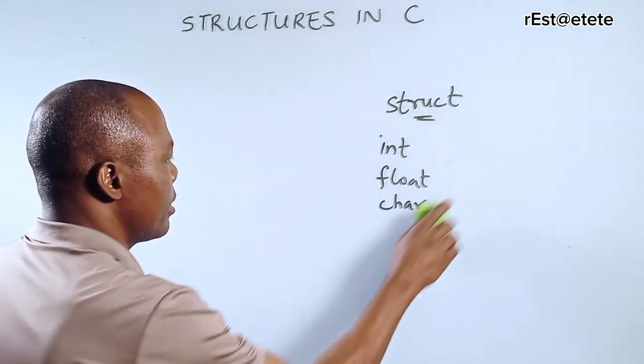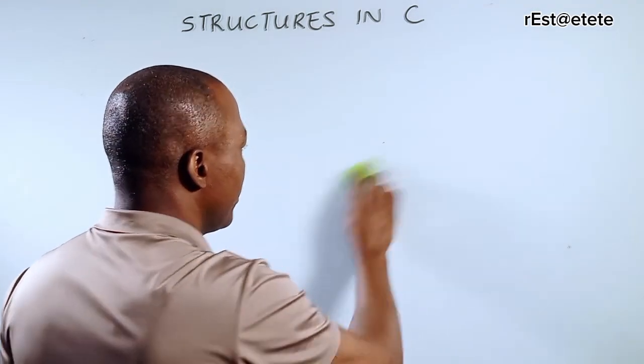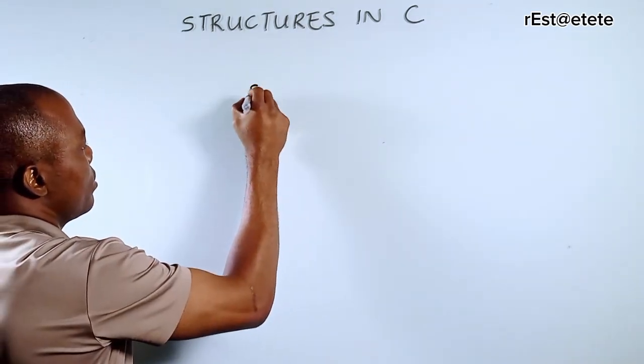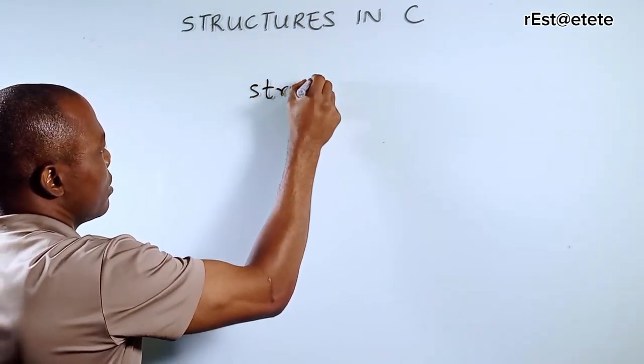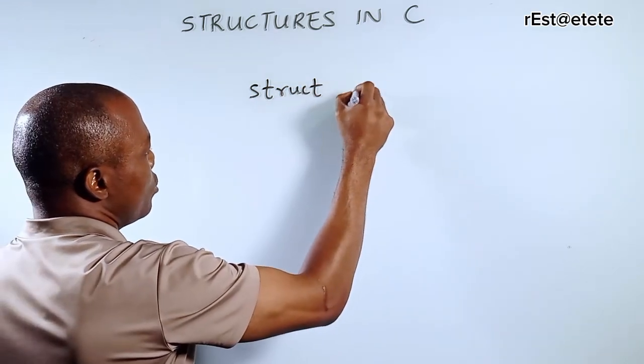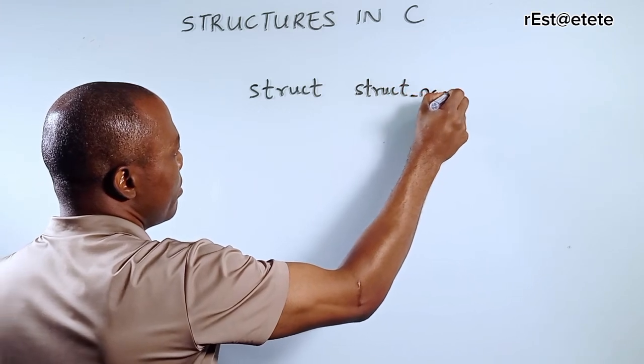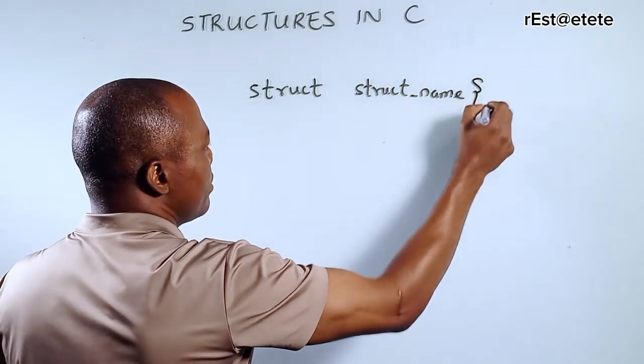So let's see. Now the syntax for a structure is struct, then the struct name, and then you have this.